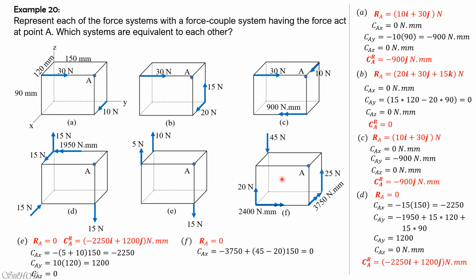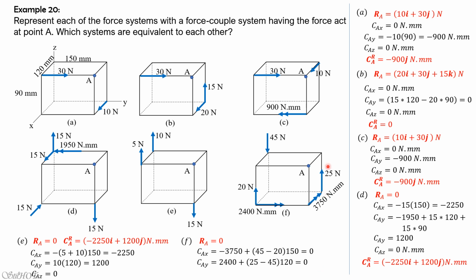Then along Y, CAY, this is already 2,400 Newton meter. This 20 Newton force passes through the AY axis, so it's 0. Only 45 and 25 will produce a moment about the AY axis. By the right thumb rule, position your right thumb towards the AY axis. So 25 is positive, 45 is negative. So CAY is 2,400 plus the quantity 25 minus 45, times the moment arm of 120.